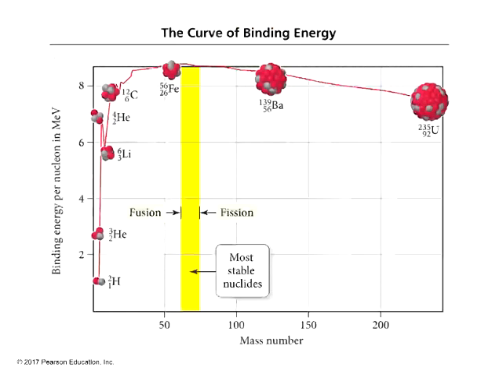In your textbook, there's this nice graph showing the binding energy per nucleon versus mass number. You'll notice we have uranium-235 on the very far right, and we know that it goes through fission to produce barium and krypton.